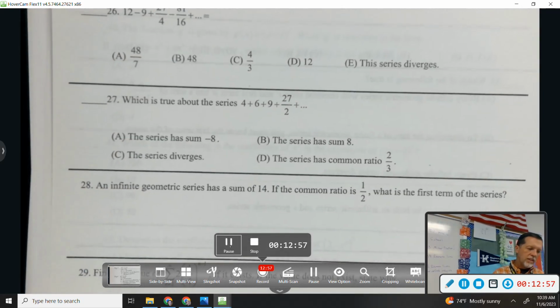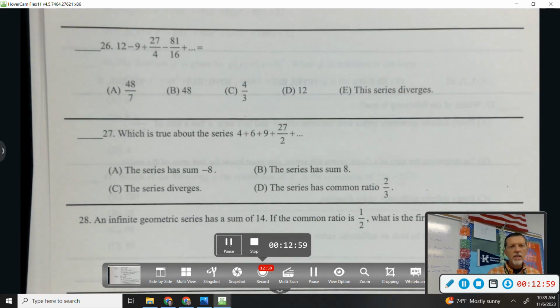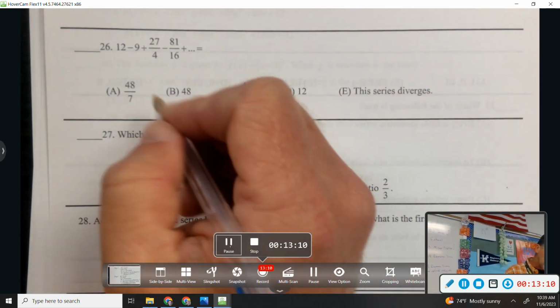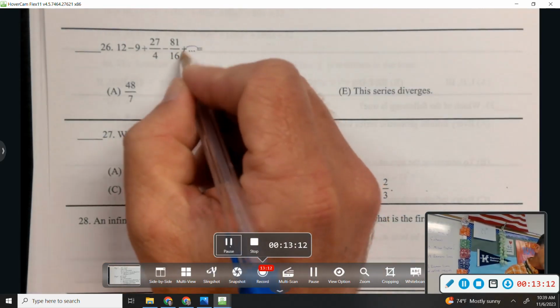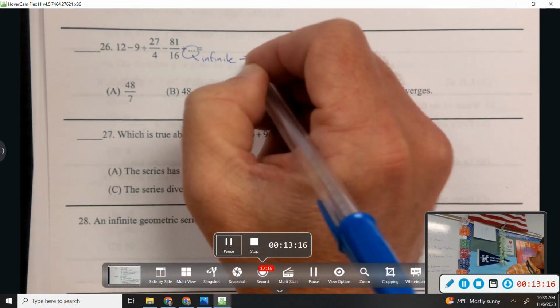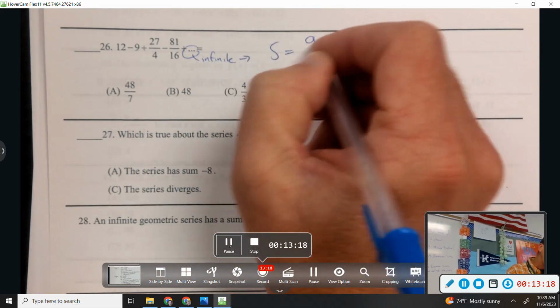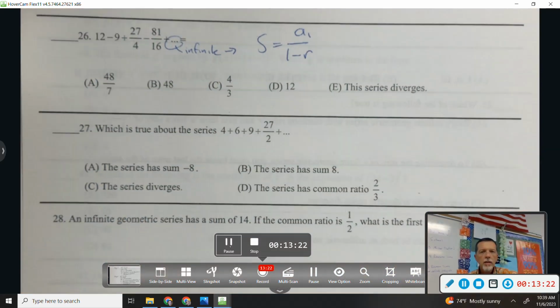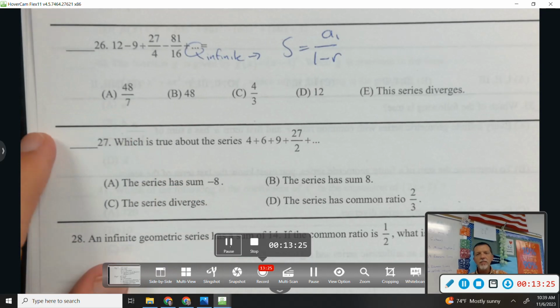26. Okay, it's infinite, meaning the only possible formula is a1 over 1 minus r. But that will only work if r is less than 1 and if it's geometric.